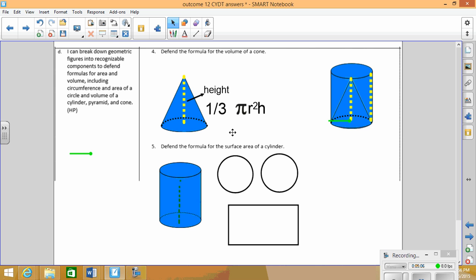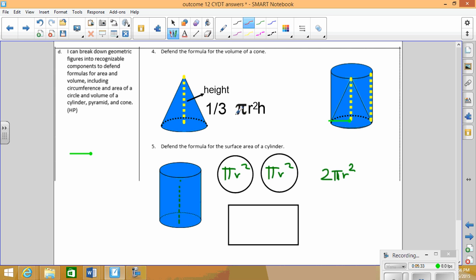And so the area for a circle, as we discussed up here, is pi r squared. And you have two of them. So that part of the formula makes up 2 pi r squared, because there's two of them.